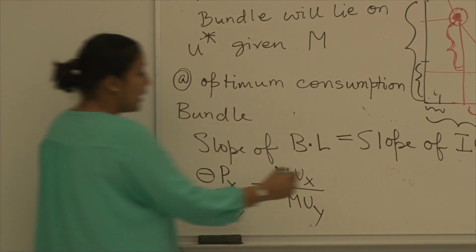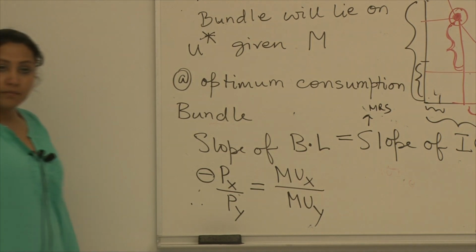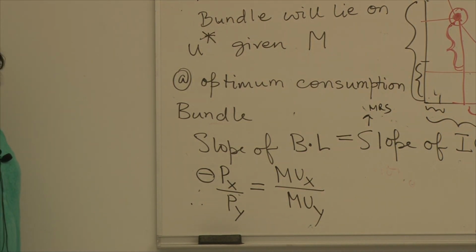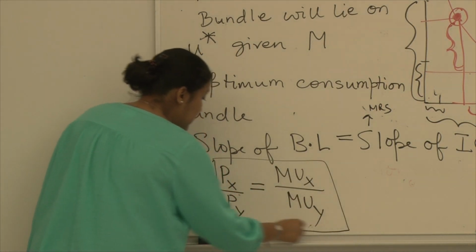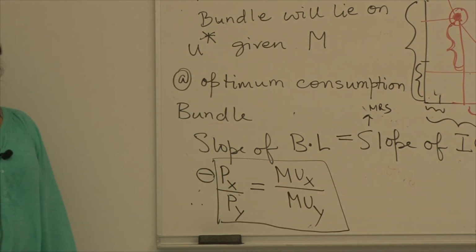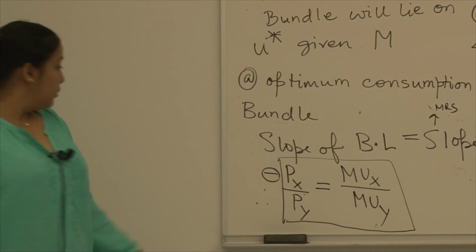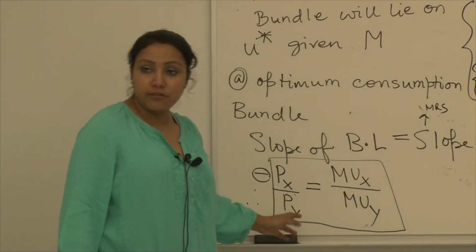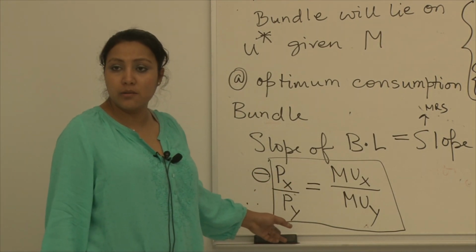The slope of the IC is nothing but the MRS. Yes? So, can you see that this is the mathematical formulation for the optimal consumption bundle? If I give you any three, you can find the fourth one using this and hence get the optimal consumption bundle.